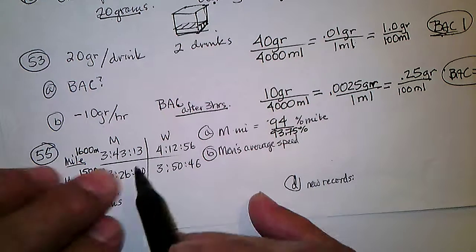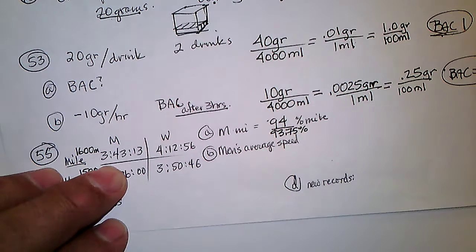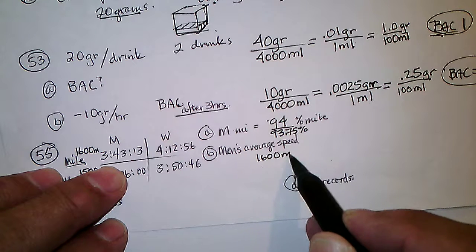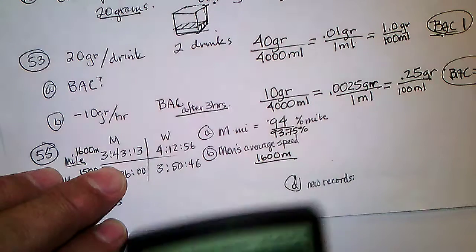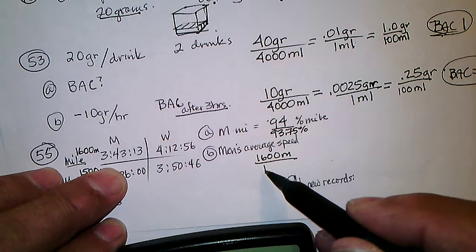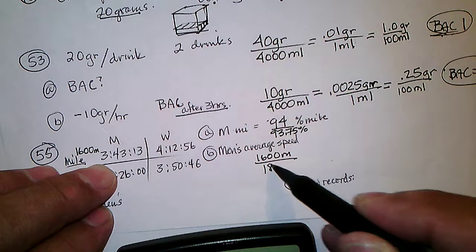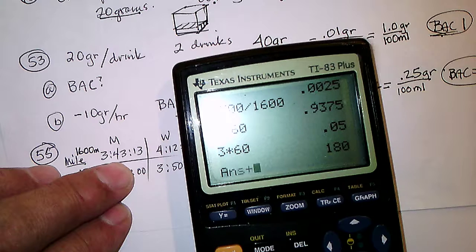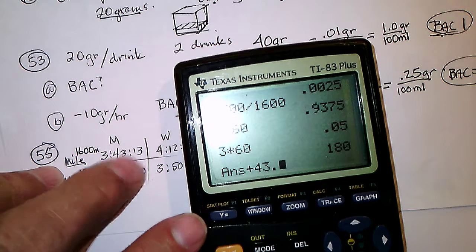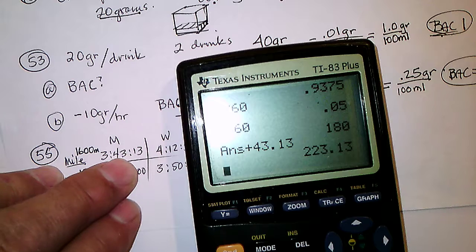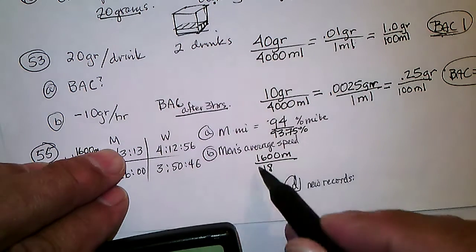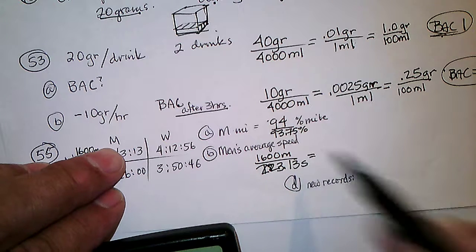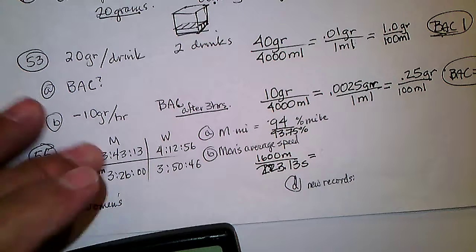So the men's pace, average speed is 1,600 meters in 180 plus 43.13, 223.13 seconds.